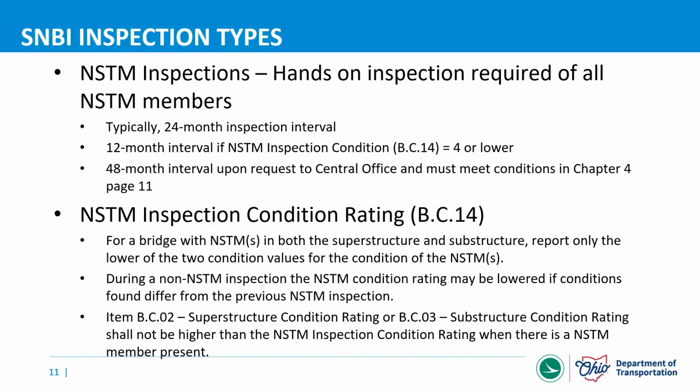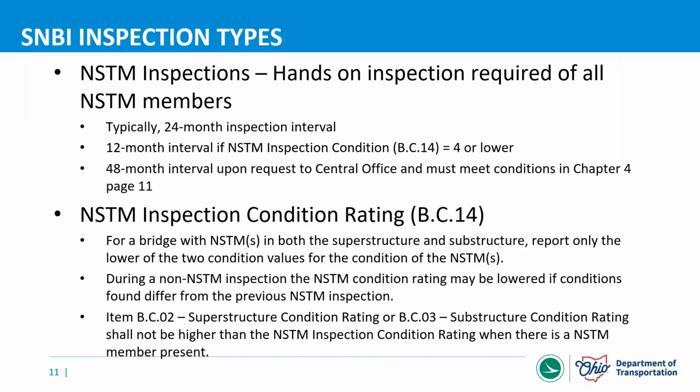But again, the much more common interval that we'll see is 12 months based off of that BC 14 condition rating. So just a few notes on that new condition rating, right? So we didn't have this 9 through 0 before. This is a new 9 through 0 field with SNBI.